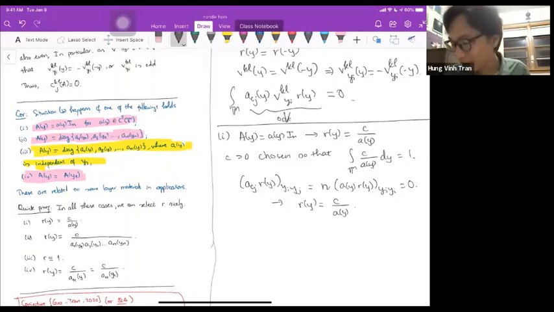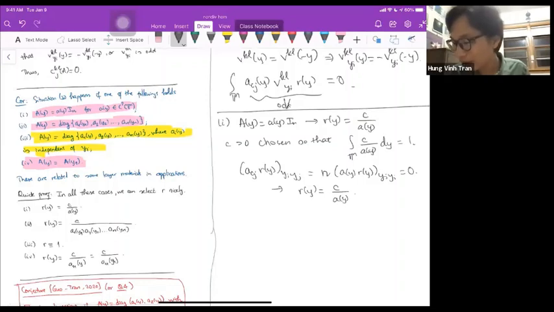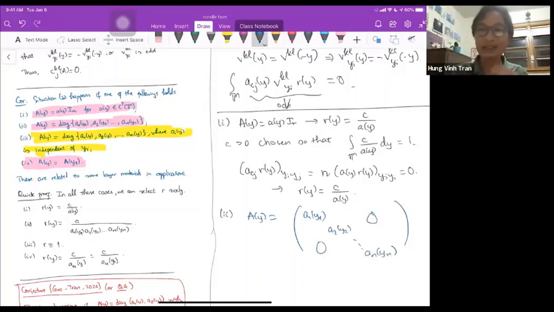I did it carefully for the first one. For the second one, let me just write out the diffusion matrix. It is a_1(y_1), only depending on y_1, then a_2(y_2), up to a_n(y_n), and 0 elsewhere. So it's nice and it has certain invariance, because it doesn't depend fully on all the slots of y.